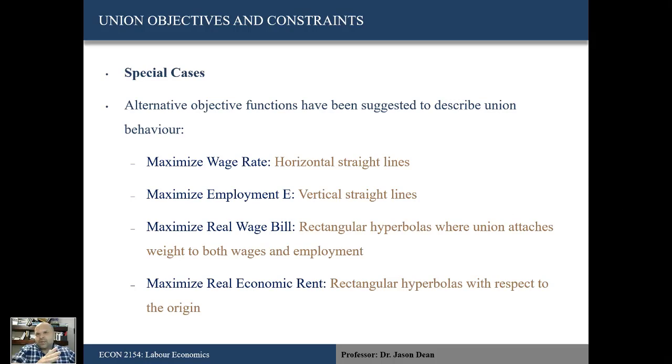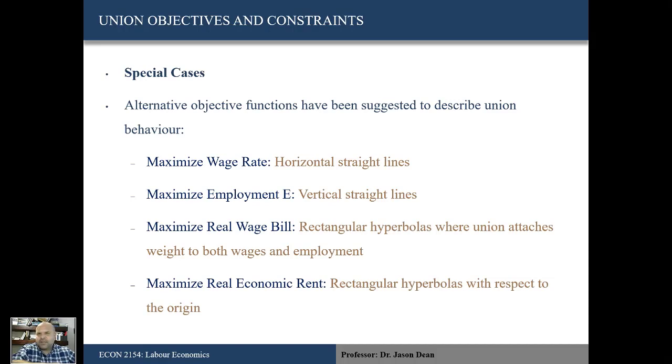It could potentially be the case that the union would allow the wage to fall below the alternative wage because they can get a large increase in employment, which would make the overall total labor income higher.